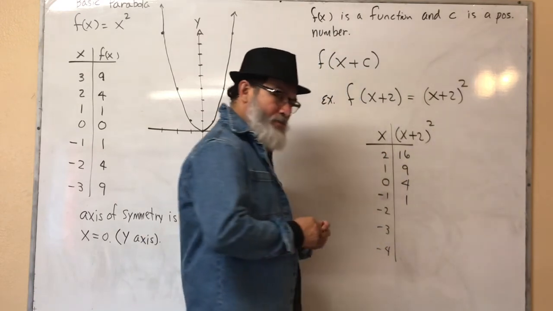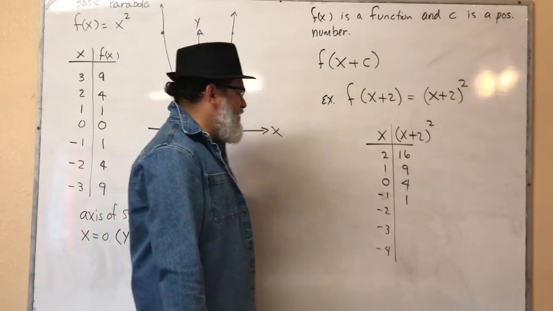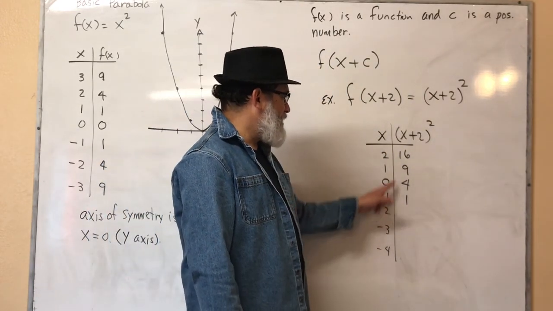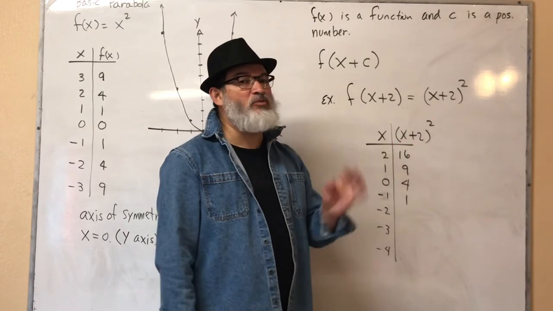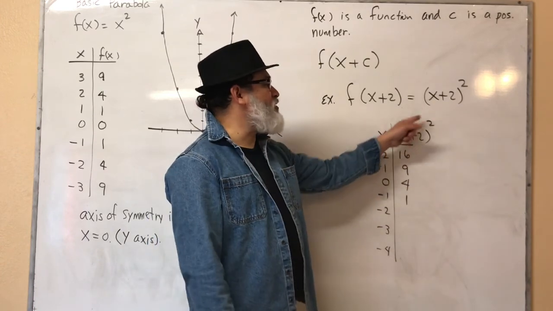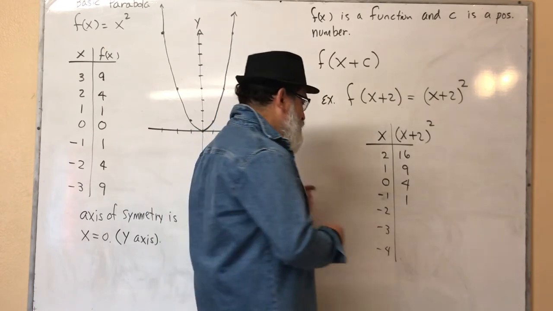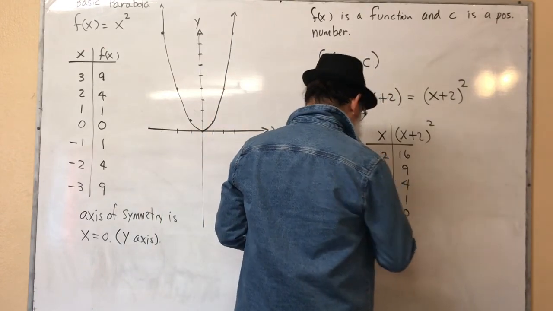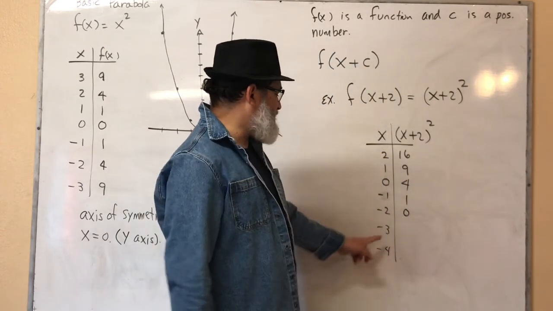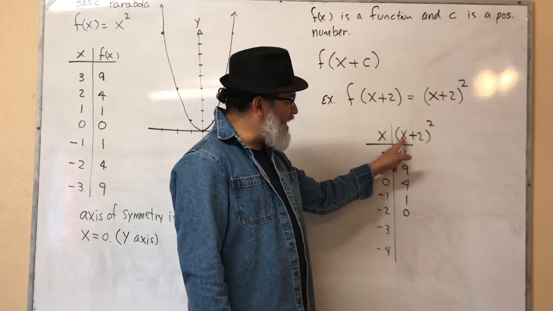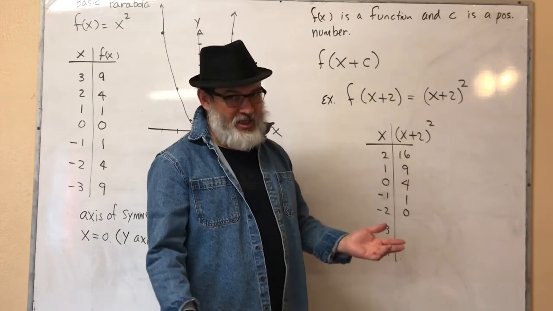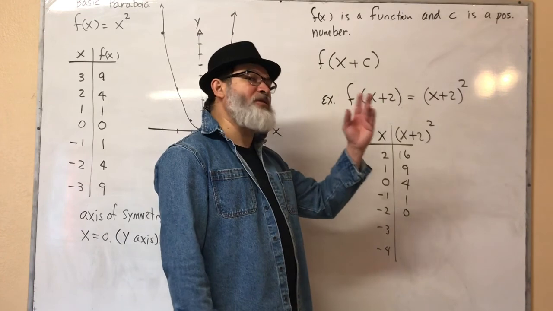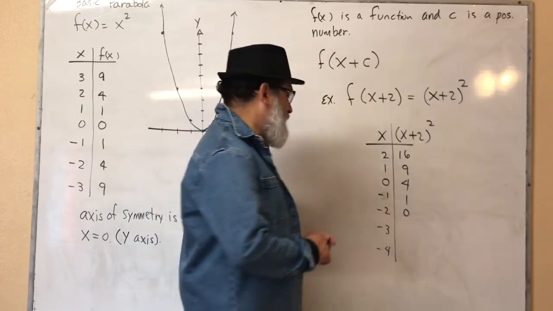Okay? If x is -2, that's -2 plus 2, which is 0. And 0 squared is 0. If x is -3, what's -3 plus 2? -1. And -1 squared is 1.